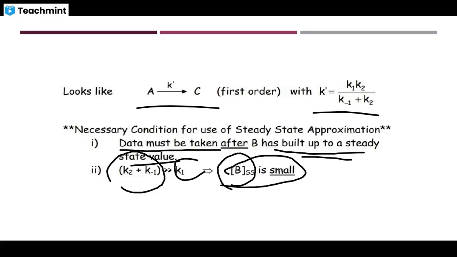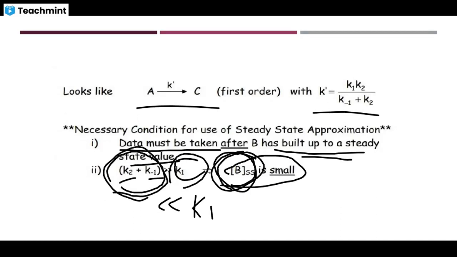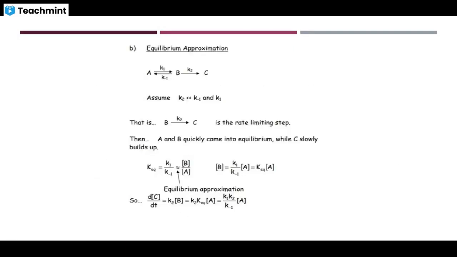Okay, when K1 is higher, there is a build up of the concentration of intermediate. Okay, so K2 and K minus 1 are decomposition of B. K1 is the formation rate constant. Okay, the decomposition should be higher than the formation. Okay, then only the concentration of B is small. So that is the steady state approximation.